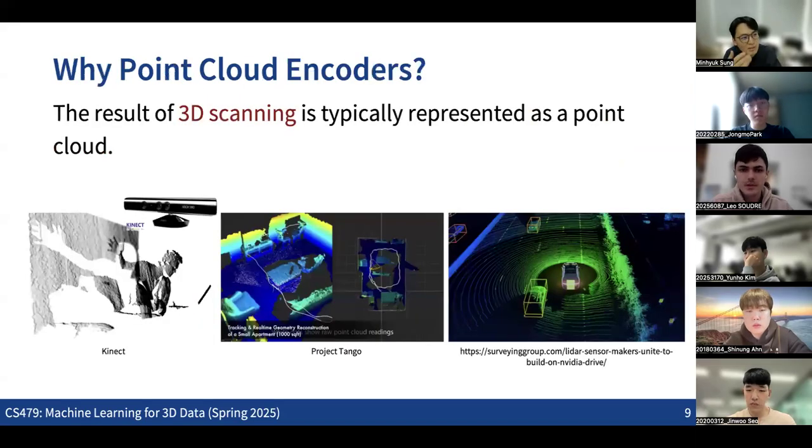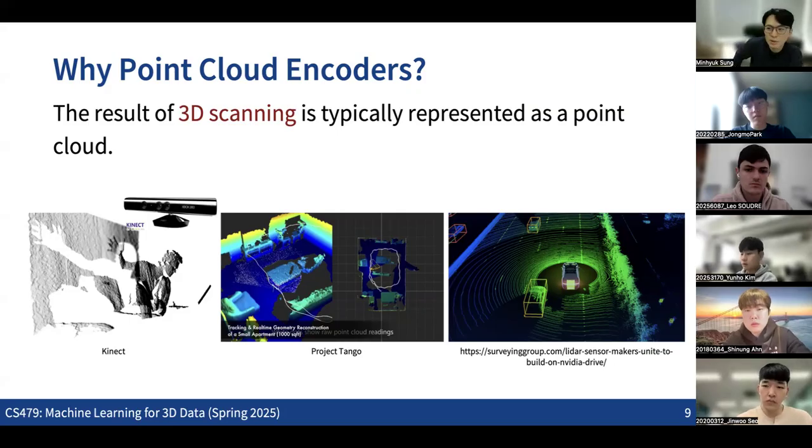And as I said, the reason why we are discussing the point cloud is that for many applications that use 3D scanning, the direct output from the 3D scanners will be a point cloud. That was the first motivation for investigating architectures that process point cloud data.